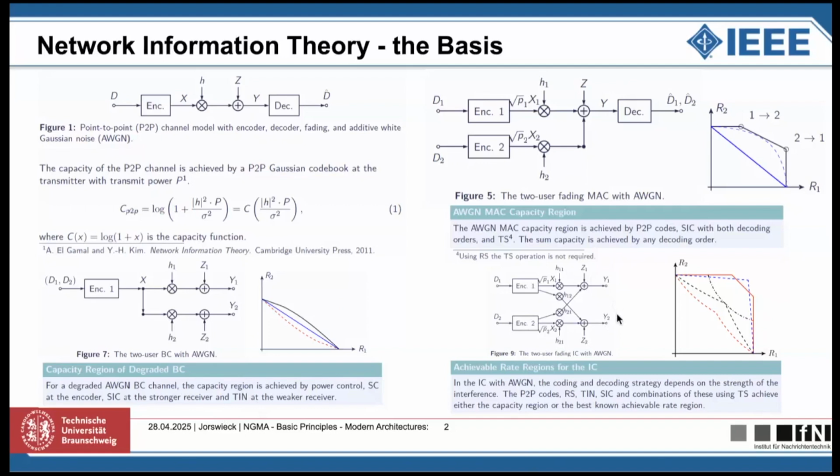However, what is known is that point-to-point codes in combination with rate splitting, treating interference as noise, successive interference cancellation, and time sharing either achieve the capacity region if the interference is very strong or very weak, or give the best known achievable rate region. So for this interference channel, we are still lacking the complete characterization of the capacity region, but we already have many pieces of the puzzle available.